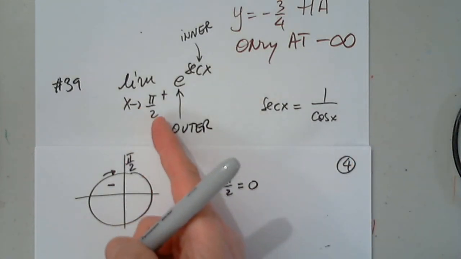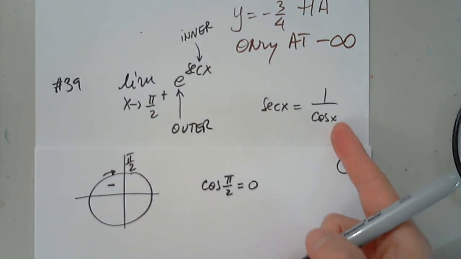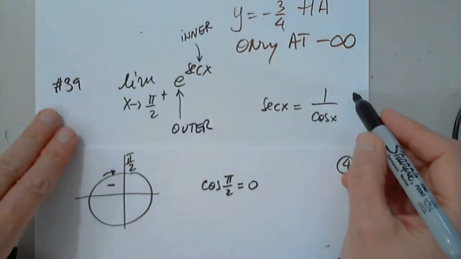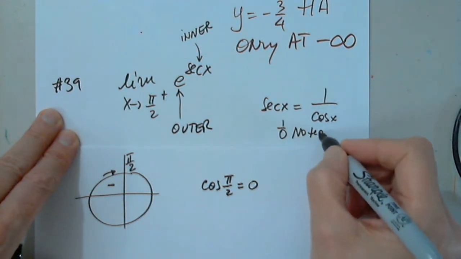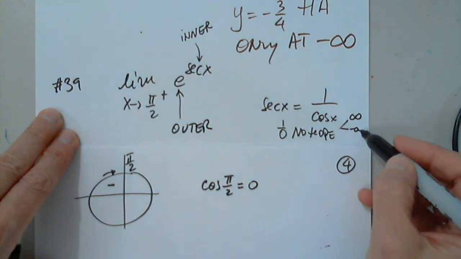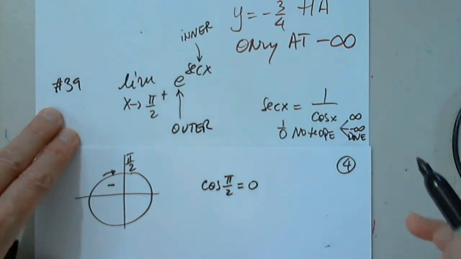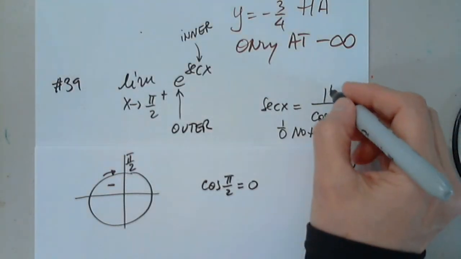When x approaches pi over 2 from the right, 1 over cosine is 1 over 0, right? 1 over 0. No hope. Every time I get no hope, I know there are 3 possibilities. Which one? The numerator is positive.